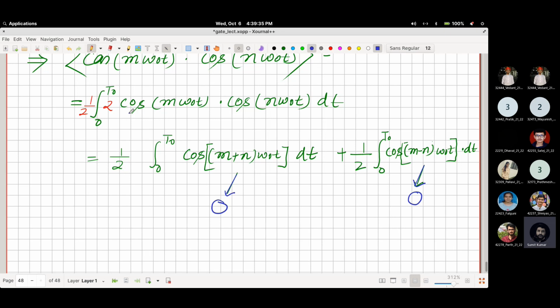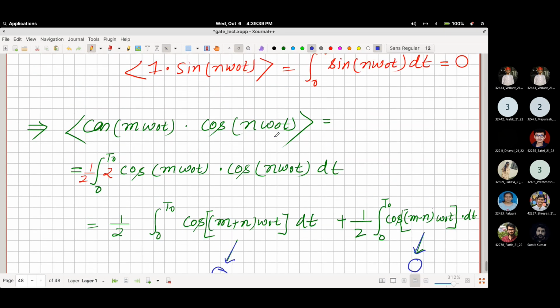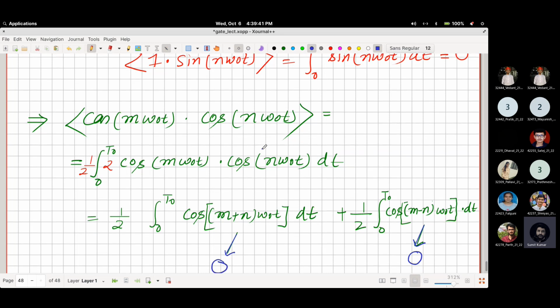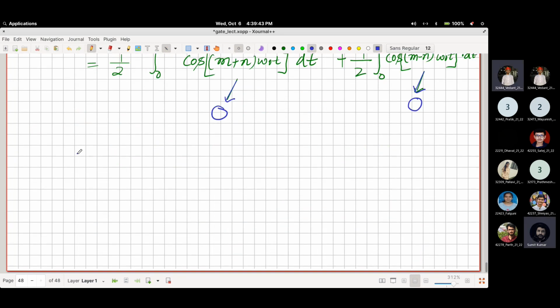So can I say that these two are orthogonal as well? So I can say, yes, sir. So cos m omega naught t and cos n omega naught t are orthogonal.